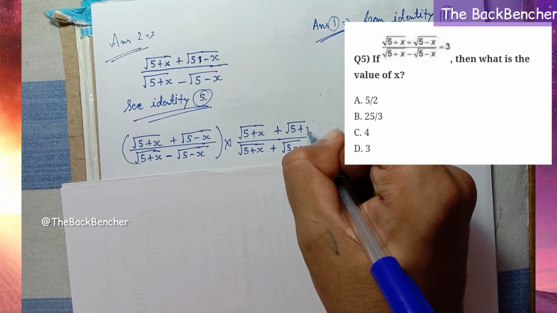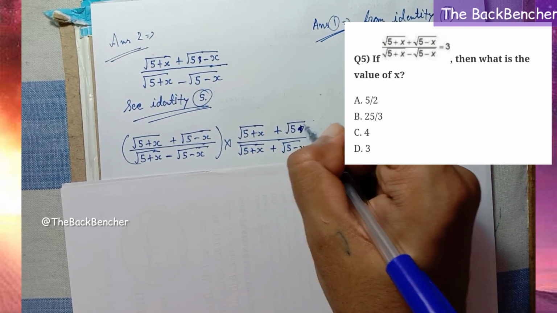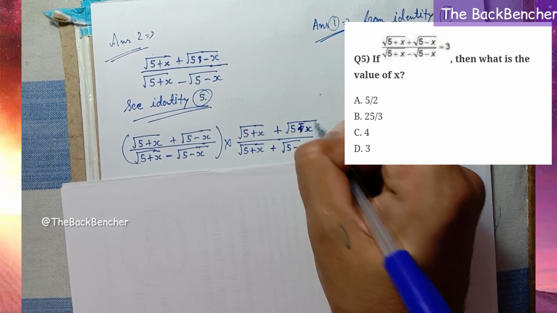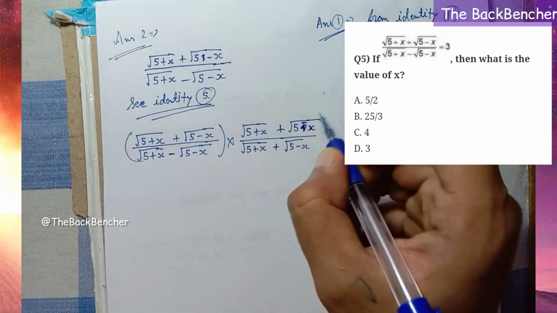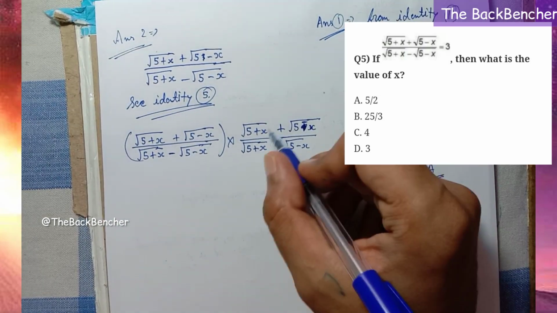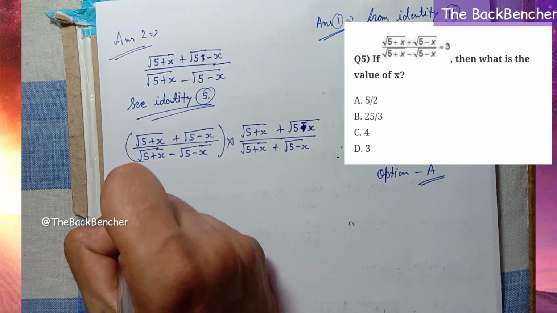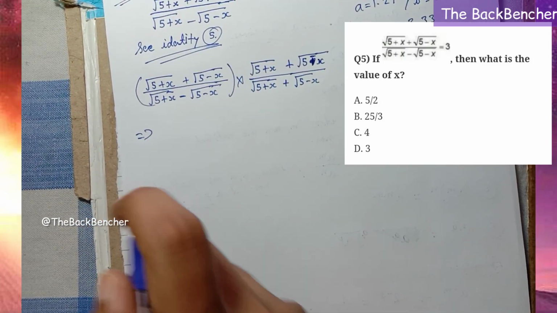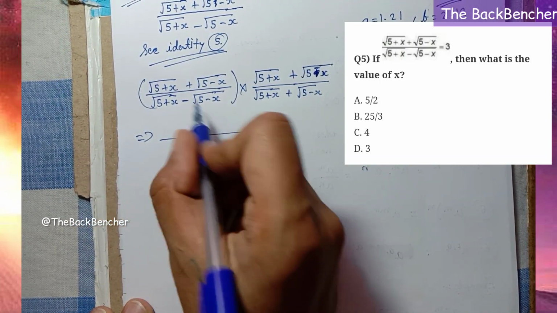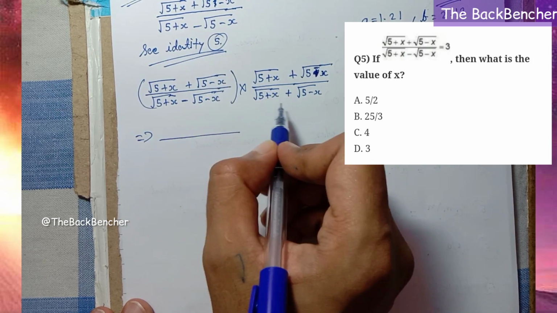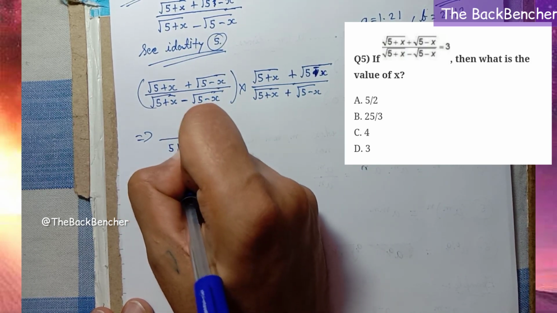Here is root 5 plus x minus root 5 minus x. So you have to just multiply numerator and denominator with the opposite sign of the original denominator. You can see it: root 5 plus x plus root 5 minus x. Now the same number is multiplied in the numerator and denominator.